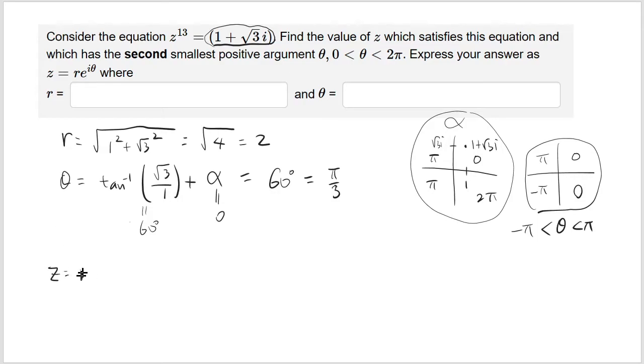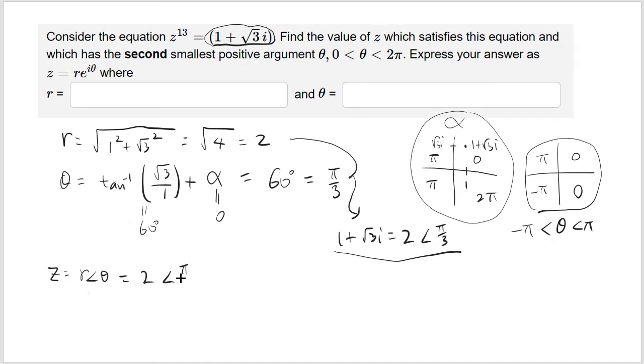I should have summarized what this means: 1 plus radical 3i is the same thing as 2 angle pi over 3. That's what it means.